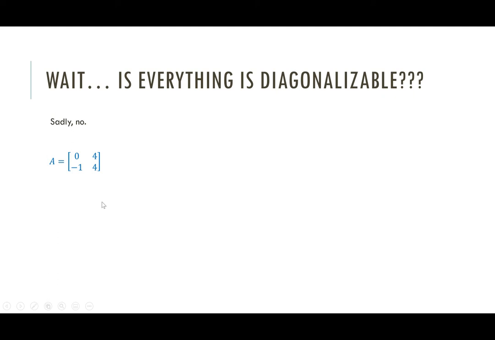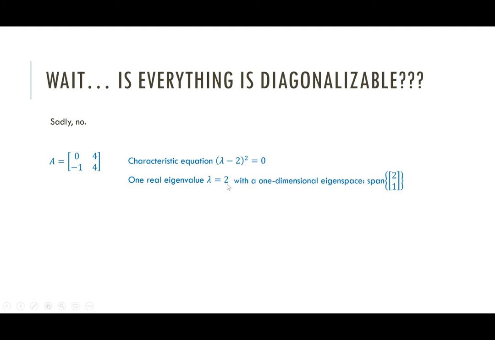This is something that we saw in our last video, and I gave you a pre-assignment problem on it. As we saw in the previous video, the characteristic equation for this matrix is going to be lambda minus 2 squared equals 0. And so we get one real eigenvalue, lambda equals 2. And notice, this has a one-dimensional eigenspace. The span is 2, 1, and we calculated this previously.